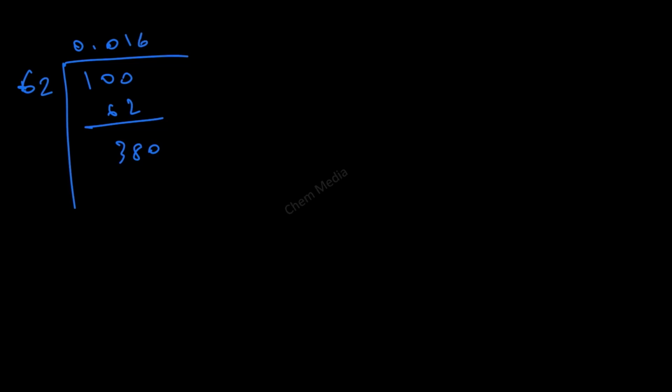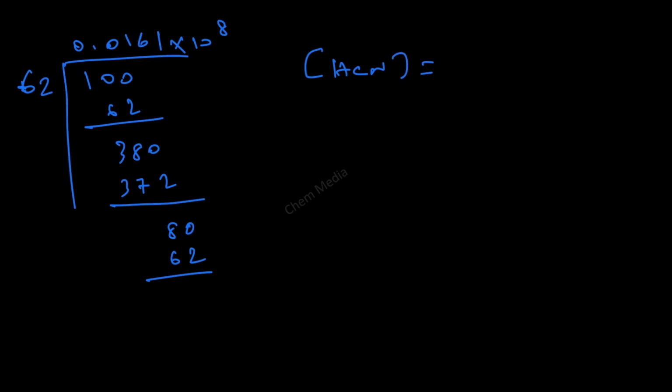If we do it 6 times, then it is 372 remaining 8, add a 0, we can do it 1 times 62. So, we would stop at this stage. So, this is 0.0161 times 10 to the power 8, isn't it? So, therefore, concentration of HCN is equal to 1.61 times 10 to the power 6 times concentration of CN minus.